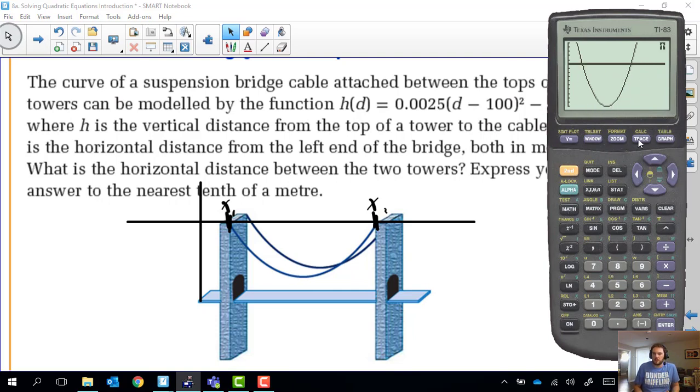And we're looking for my x-intercept. So again, second function, calc, go down to that zero, right? And you see that flashing x there?